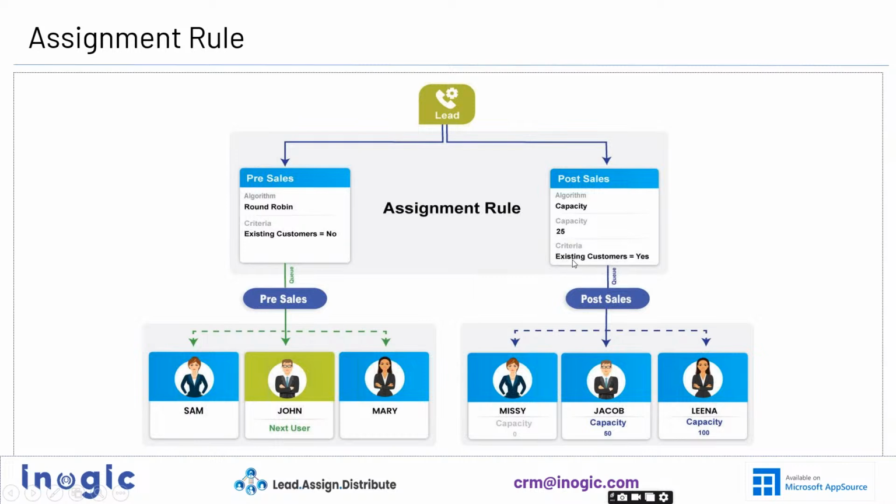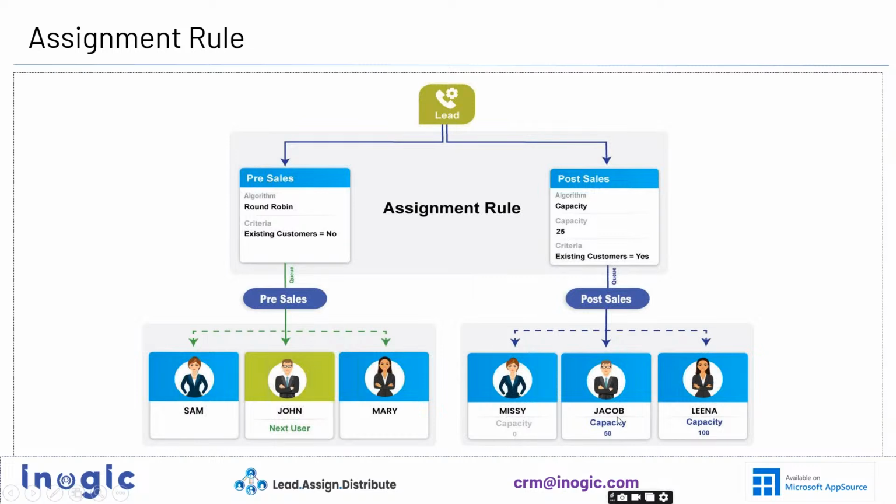Now let's assume to serve a particular lead that falls in the post-sales queue, the resource needs at least 25 units of capacity. So if a new lead is being created for an existing customer, which will fall in the post-sales queue, we see that Missy does not have any available capacity as she has already exhausted the entire units.